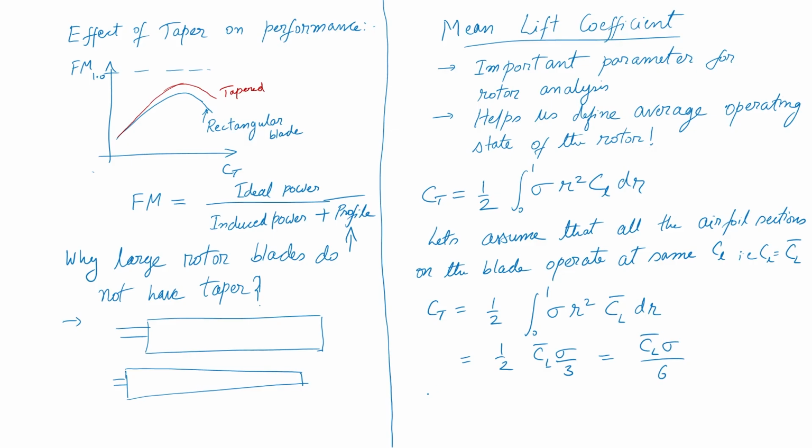I can flip it over and say my CL bar, this average value of lift coefficient, can be related to 6 CT over sigma.